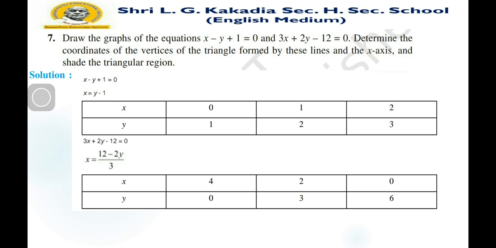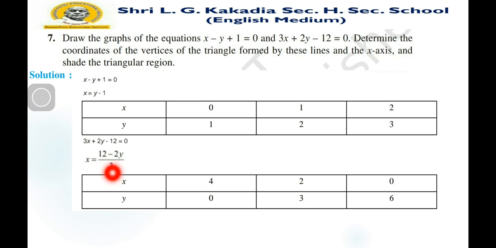For the first line, if you want to find the value of x, then we put x is equal to y minus 1. If you put y is equal to 1, then we get x is equal to 0. If you put 2, then we get 1, and if you put 3, then we get 2. As well as for the next line. For the first line, the points are A with coordinates 0, 1, B 1, 2, C 2, 3.